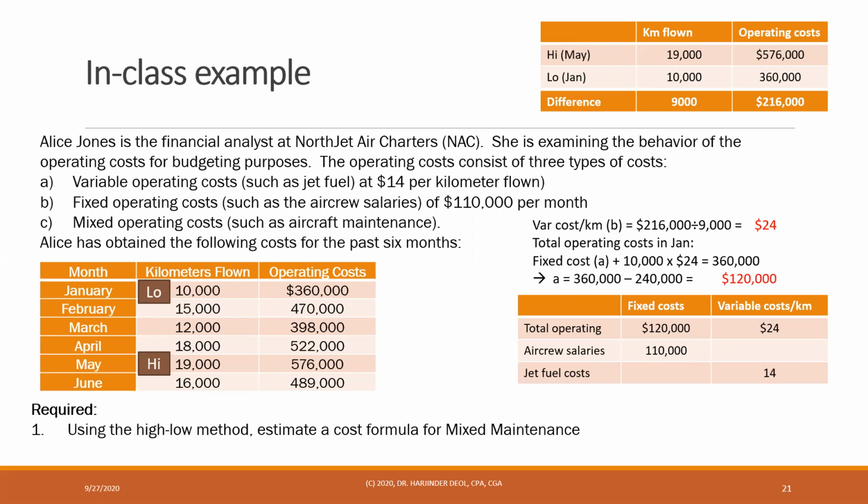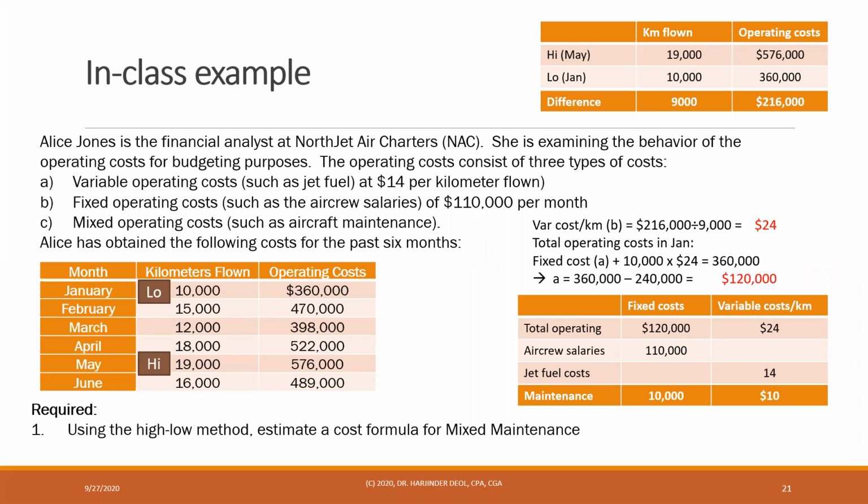And under A, they had told us that the variable cost is $14 per kilometer for jet fuel. So if we account for all of this information, then the difference is $10,000 of fixed cost, which is in the maintenance cost. Maintenance cost was the mixed cost.